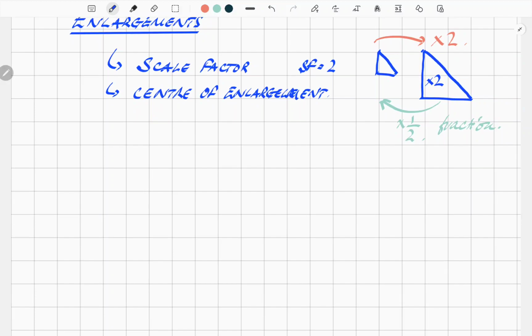So let me take a standard example like that. Stick with our normal triangle.